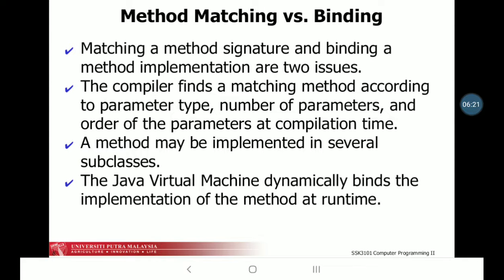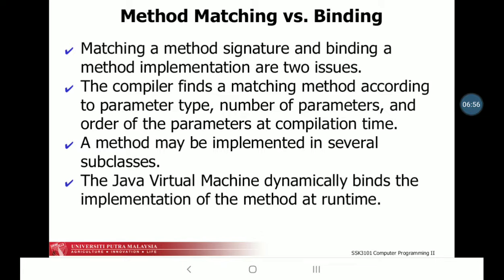So what is method matching and also binding? What we have looked at just now is binding, where a method that is declared in a superclass but not found in the subclass, the Java virtual machine or the compiler will try to find in its superclass. This is the binding. Whereas for method matching, we can relate it with overloading methods, as we already looked at in the inheritance topic.